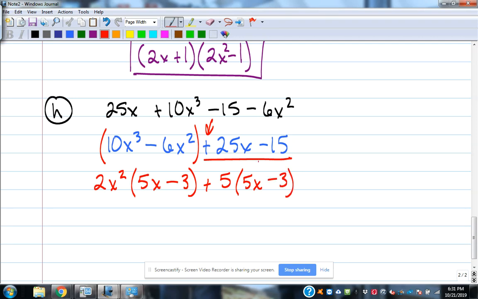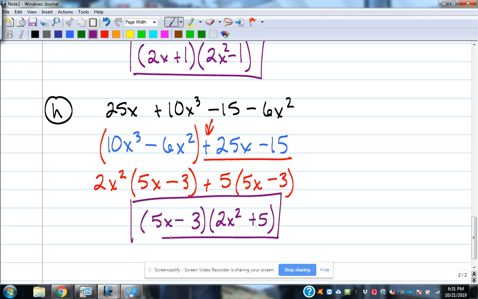Hey, we did things right. Parentheses matched. What's my final factored form? The matching parenthesis. And then the other one is what? There you go. Boom.